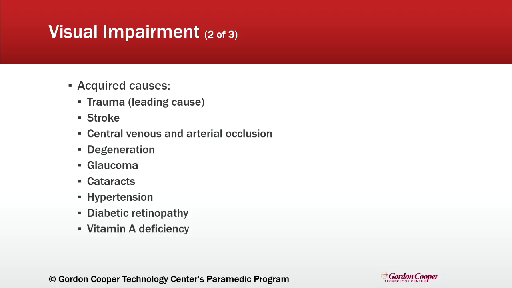We can have a degeneration of the eye, the optic nerve, the nerve pathways, any one of these areas that can result in vision loss. If there's a vitamin A deficiency, it may lead to night blindness and overall vision decline. There may be optic nerve hypoplasia, which is a congenital condition where the optic nerve does not fully develop.